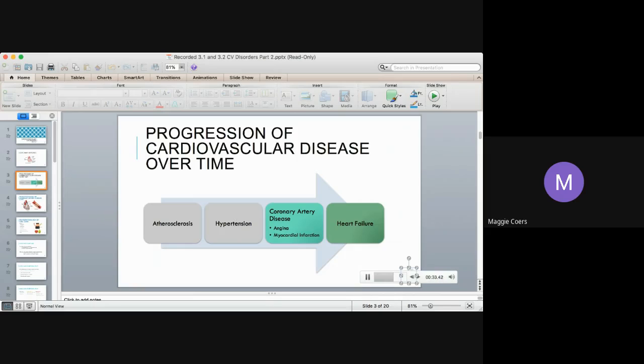And then in the third part, we're going to talk about heart failure, peripheral vascular disease, and atrial fibrillation. Again, this diagram depicts progression of cardiovascular disease over time. It starts with atherosclerosis, which causes hypertension, leads to coronary artery disease, and ultimately pump failure or heart failure.